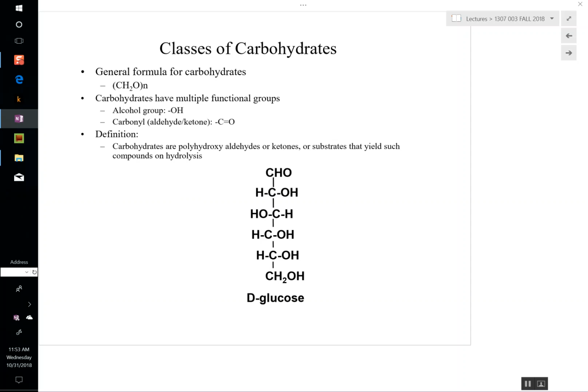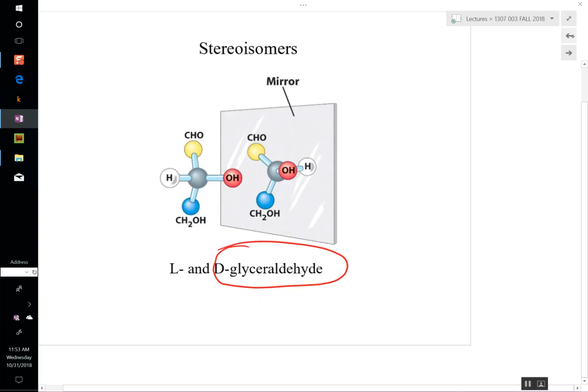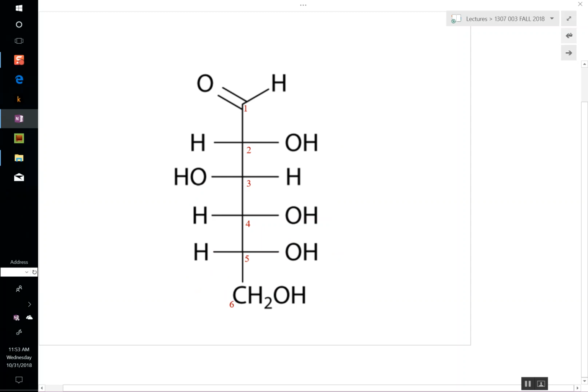I'm going to give you a modeling kit. I want you to make glucose. This is what you're going to make. And I actually do want it to be D-glucose. You make glucose, and we will make sure it's D at the start of our class on Monday.